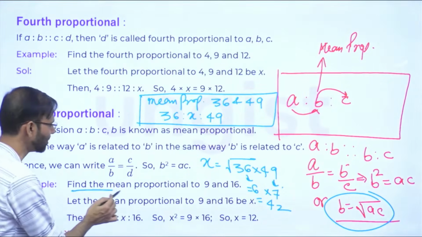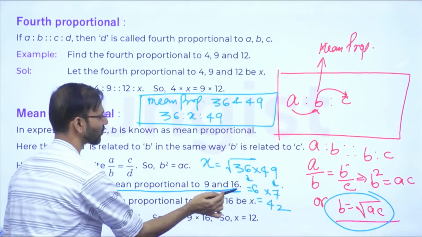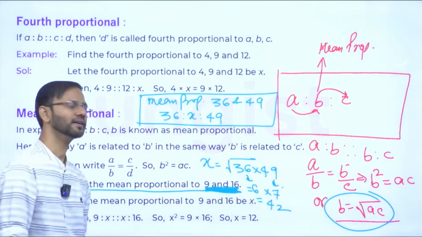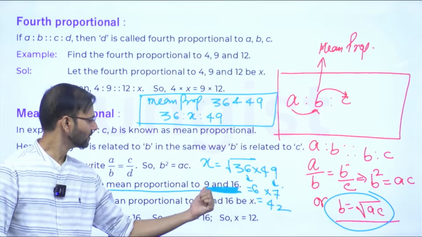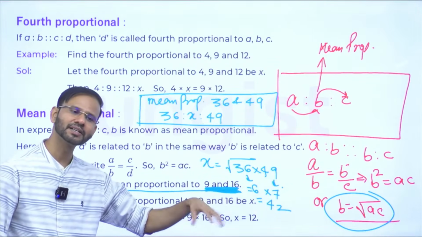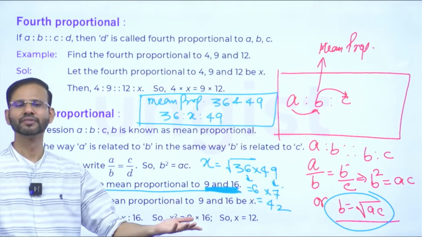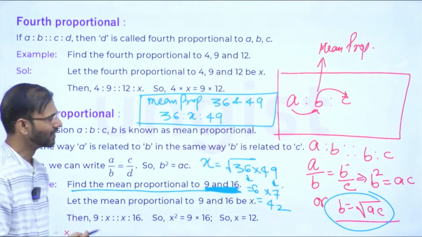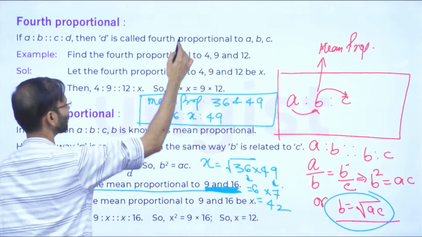The question says find the mean proportion of 9 and 16. What will be the answer? 3 into 4. The answer is 12. Everyone fine now? One more, everyone.